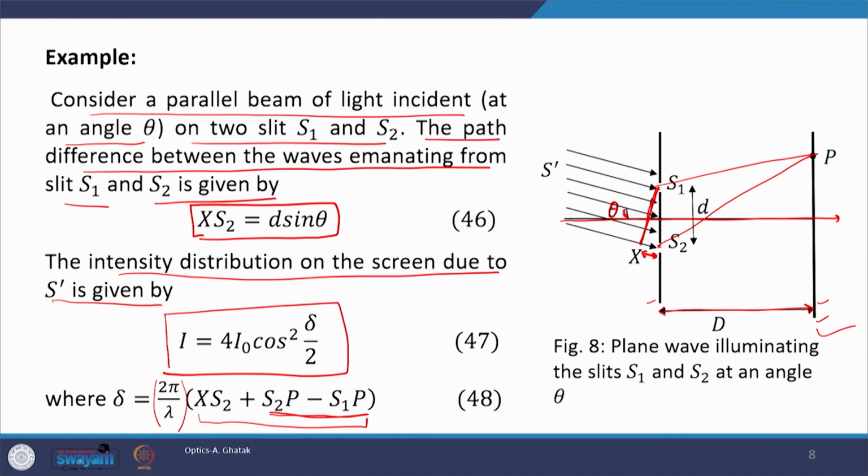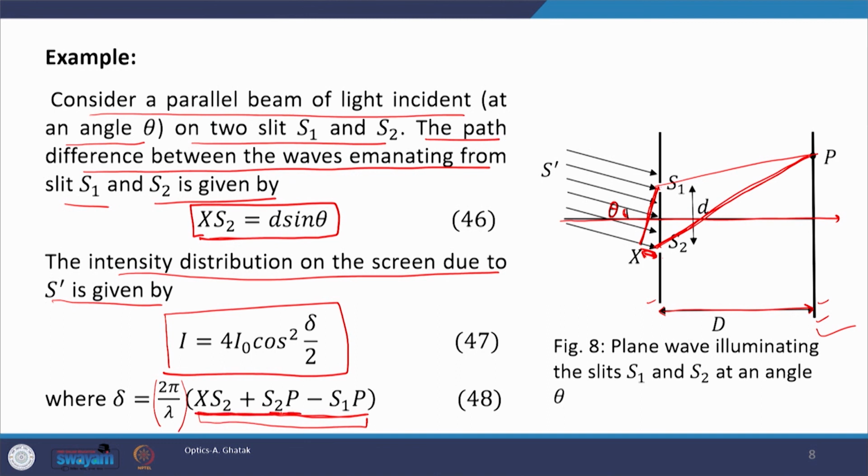But in the present case, when the rays emanate from the two sources, there is already a path difference, which is xS2, equal to d sin theta. Therefore, the S2P path will have this additional path difference.